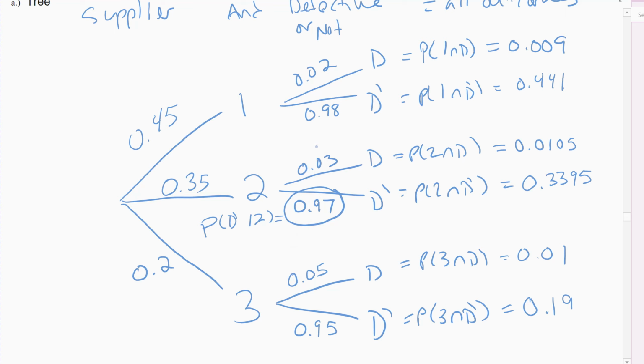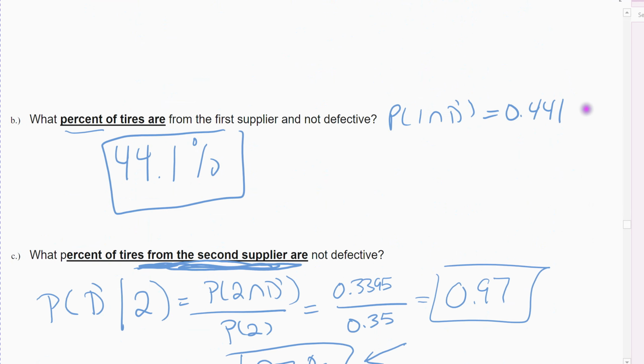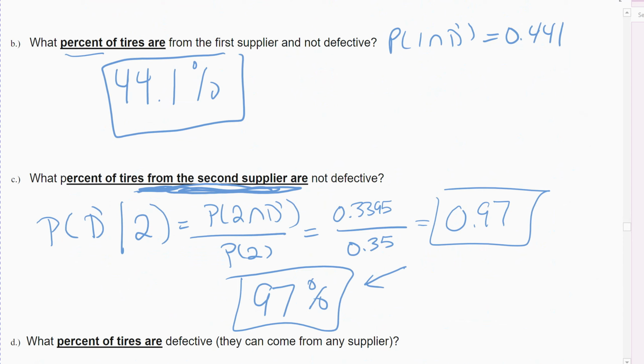They told me 3% of the tires from the second supplier are defective, so it should make sense that 97% are not. If I have a tire from the second supplier, I have a 97% chance it's a good tire. So it's up to you. If you can recognize that's a probability on the tree, you could just pull it off the tree. I just always think it's a good rule of thumb to write out the formula and double check it.